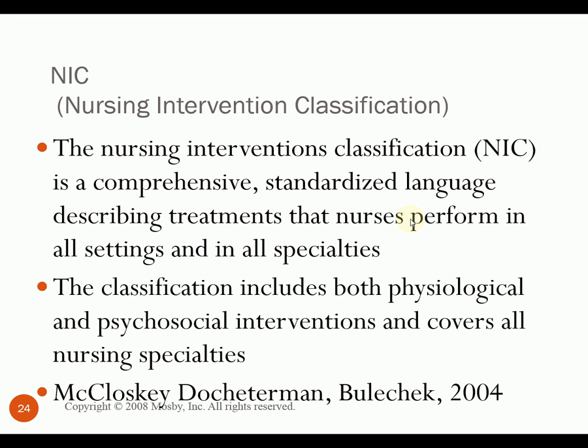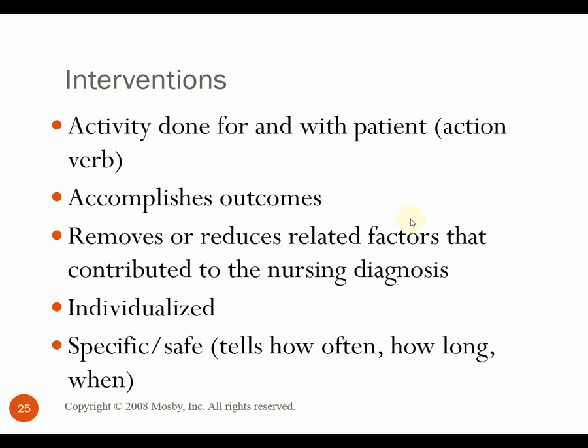So, interventions can be activities that are done for and with the patient. This is your action verb. They accomplish outcomes. So if it's an intervention that's going to accomplish our outcome, this is the most wonderful intervention. An intervention can remove or reduce related factors that contribute to that nursing diagnosis.